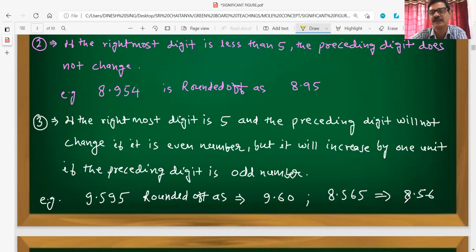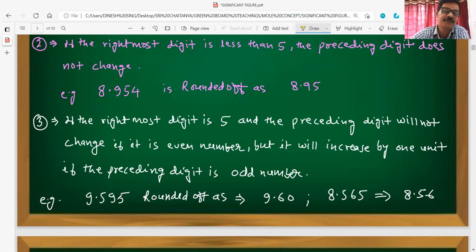If it is greater than 5, then the preceding number will increase by 1 unit. If it is less than 5, then the preceding number will not change. If the last digit is 5 and the preceding digit is an even number, then its value will not change, like this one.